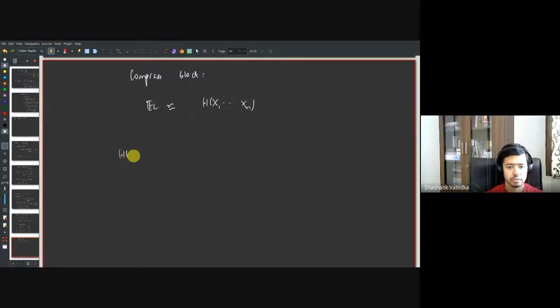So the entropy is a concave function of Px.